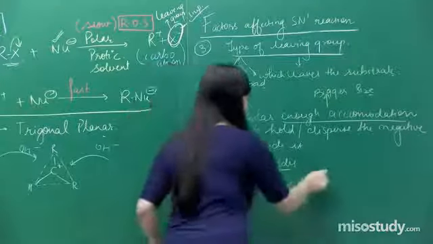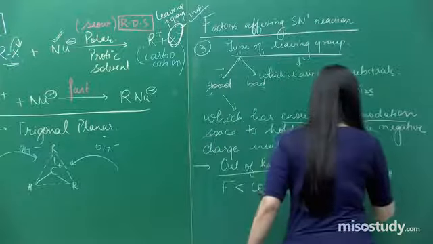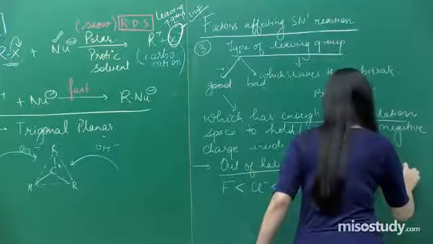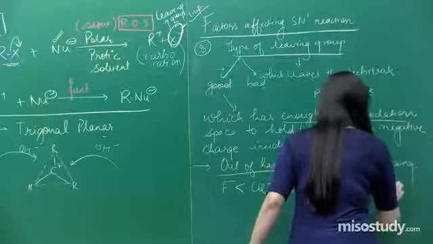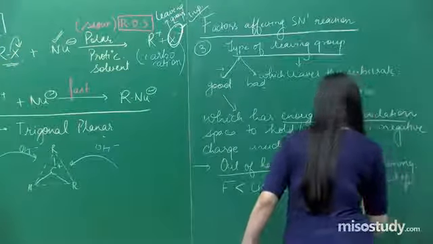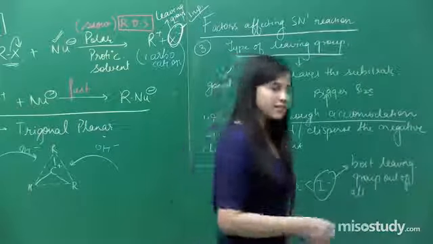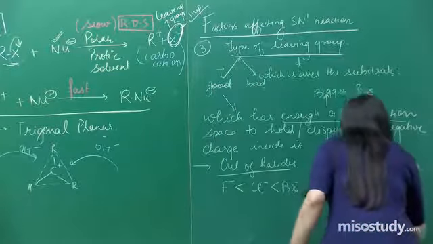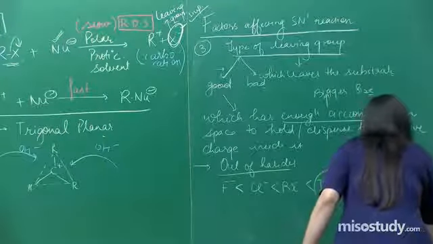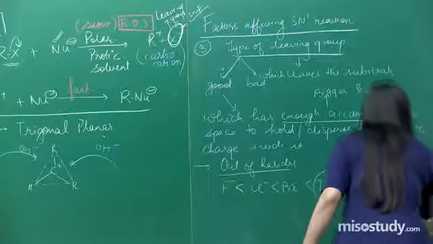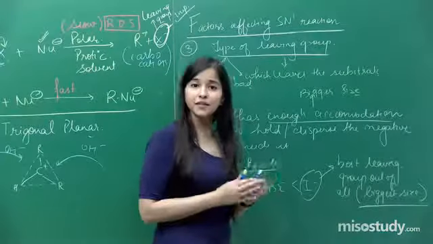So iodine is the best leaving group of all, since it has the biggest size, right? Fine. So that is the reason behind a better leaving group.